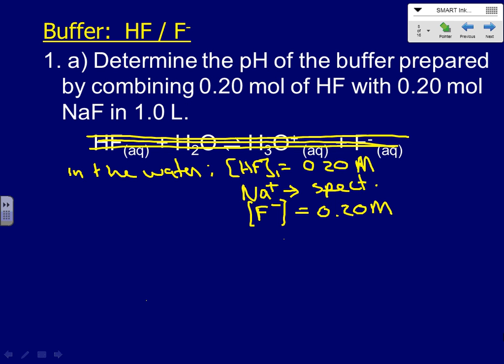I look at what I have in the water. I see that I've got the acid and its conjugate base. I'm thinking buffer. I go to my sheet and I look at the Kas and the Kbs for the acid and its conjugate base. They should be right beside each other. And now I'm asking myself, which is bigger, the Ka or the Kb? Which is the bigger number? In other words, is the acid conjugate base pair better at being an acid or a base?